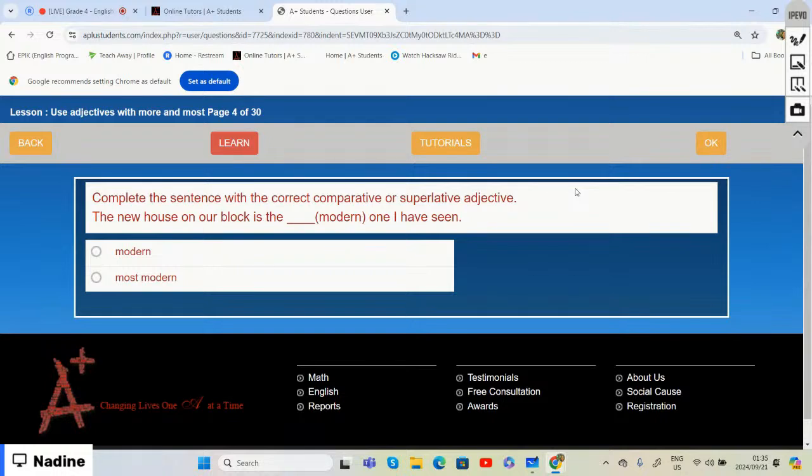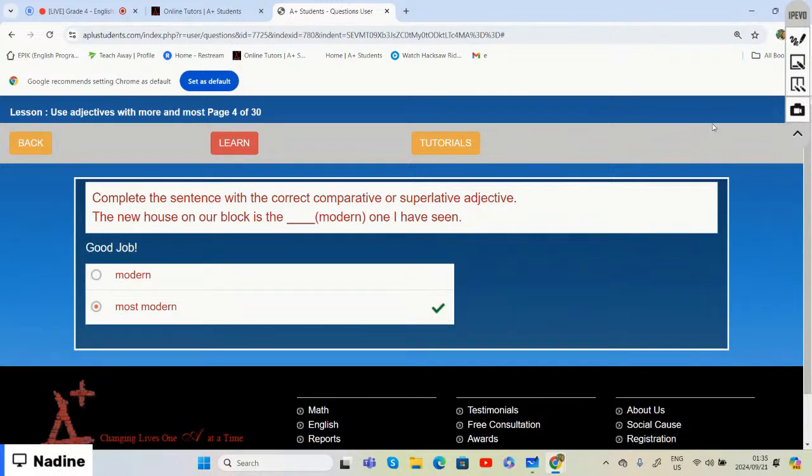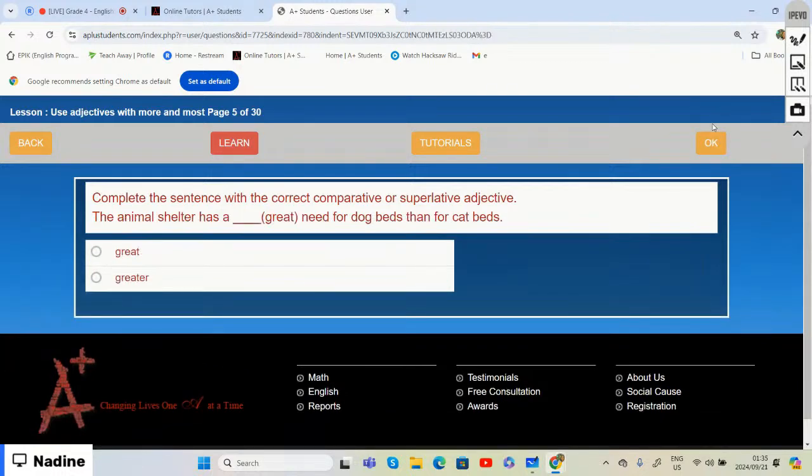And if we were to choose the correct option, we can say the new house on our block is the most modern one I have seen. So well done. Let's look at the next one.